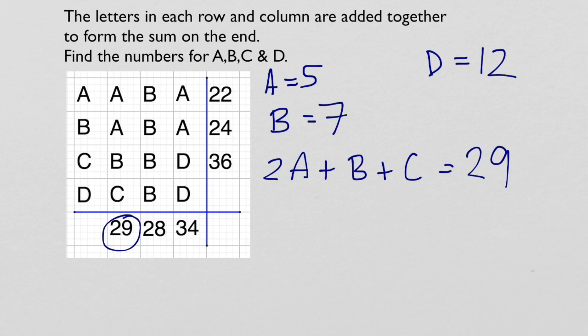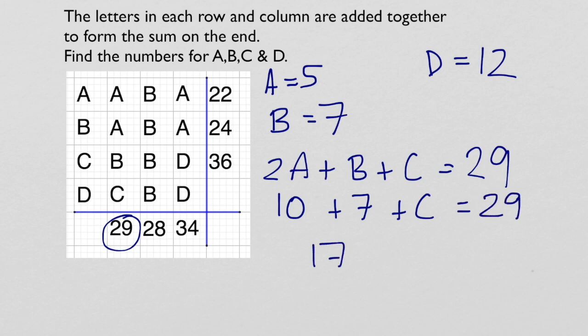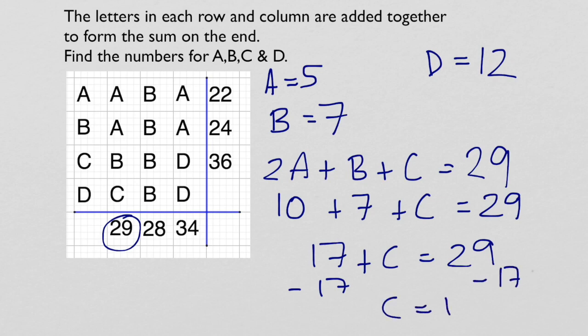And substitute in the numbers that you have already. So 2 A's, I know A is 5, so 2 of those is 10, plus B, which is 7, plus C, that we don't know, equals 29. Tidy that up, 17 plus C equals 29. Take away 17 from both sides, and I get my final answer, C equals 12.